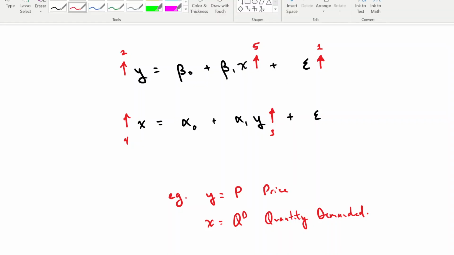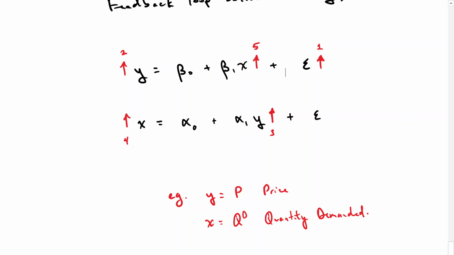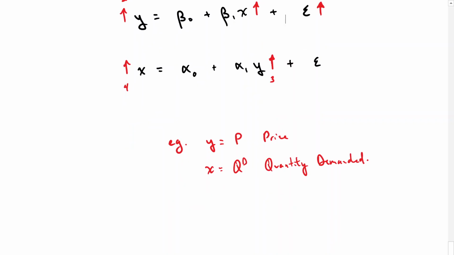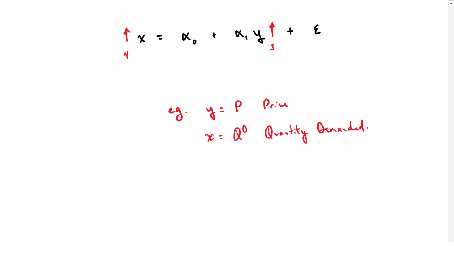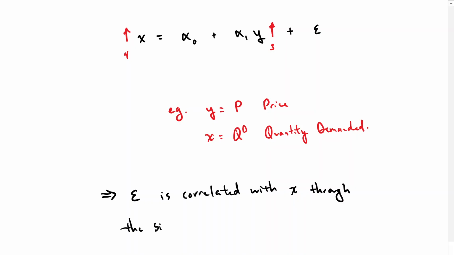Okay, so we have this endogenous relationship between x and y. Epsilon, the error term, is correlated with x through the simultaneous equations.